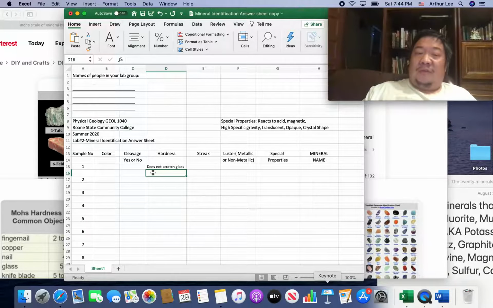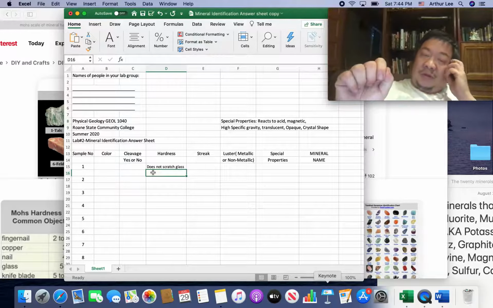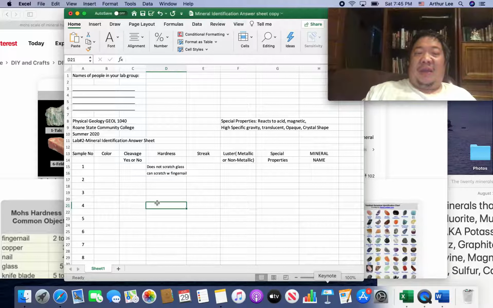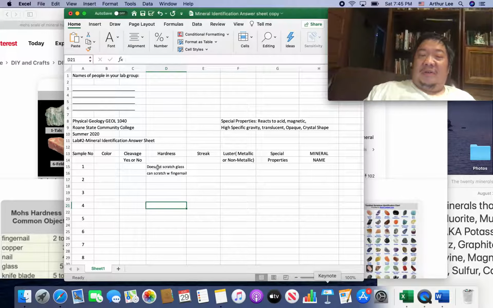So that's also useful. So if you watch a video and I scratch a mineral with my fingernail, you write that down: can scratch with fingernail. If I can't scratch it, you can say can't scratch with my fingernail. So that'll give you some more data.